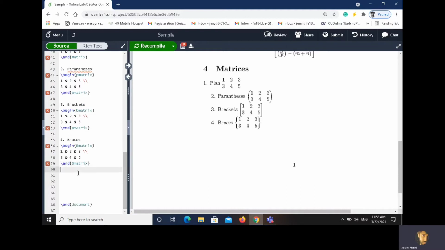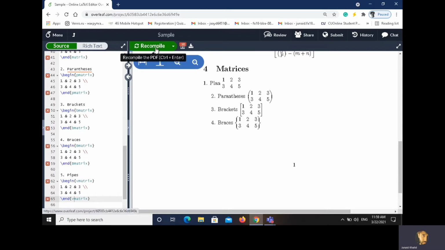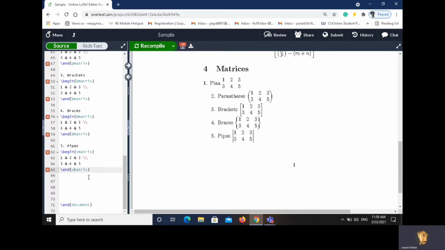And now we are going to use number 5, pipes, and write small v and small v and compile. So it is the pipes matrix. It will also be seen in mathematical books at FSc level.